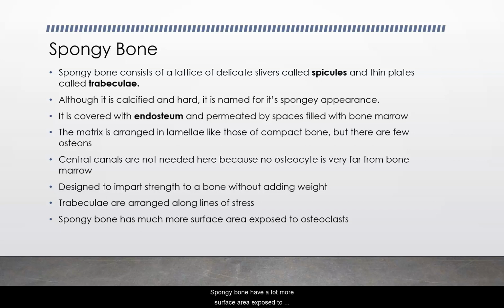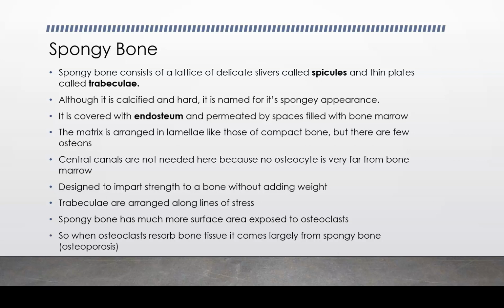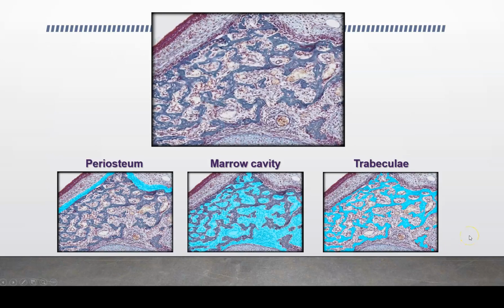Spongy bone has a lot more surface area exposed to osteoclasts as well. So when osteoclasts resorb bone tissue, it'll largely come from the spongy bone, and this is where you'll see a lot of osteoporosis, and we'll talk about what that is at the end of this lecture.